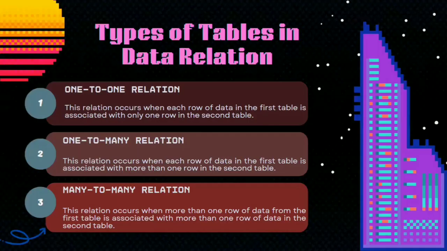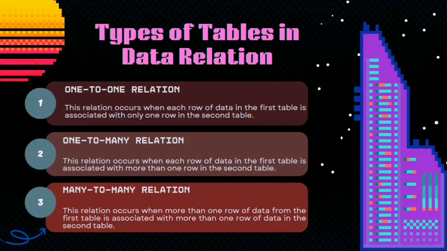Next slide, types of tables in data relation. Here are 3 points. First, one-to-one relation. This relation occurs when each row of data in the first table is associated with only one row in the second table. Second, one-to-many relation.